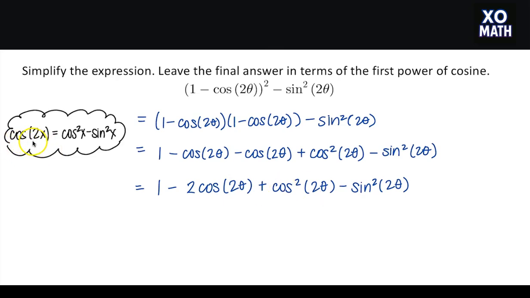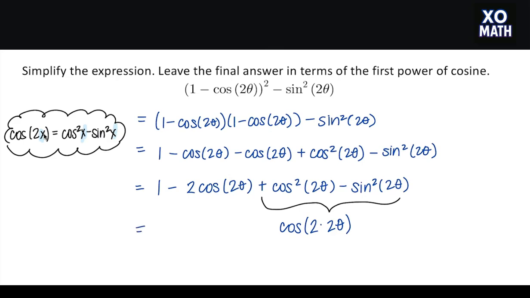So we know cosine of 2x is equal to cosine squared x minus sine squared x. So what we have over here is cosine squared 2 theta minus sine squared 2 theta. So in this identity, what's in the place of the x is the quantity 2 theta. So we're going to replace the x with a 2 theta. So this entire collection of two terms over here is going to condense down to cosine of 2 times 2 theta.